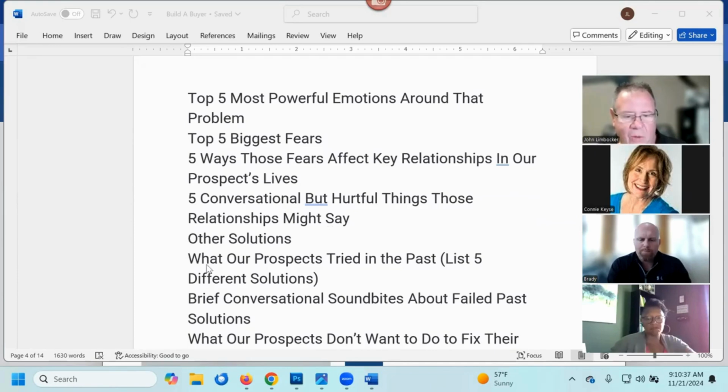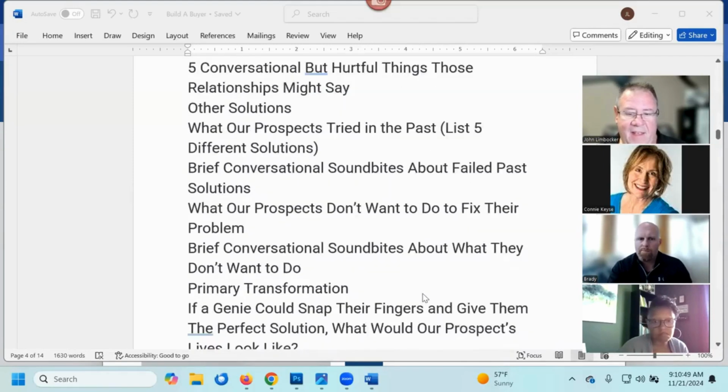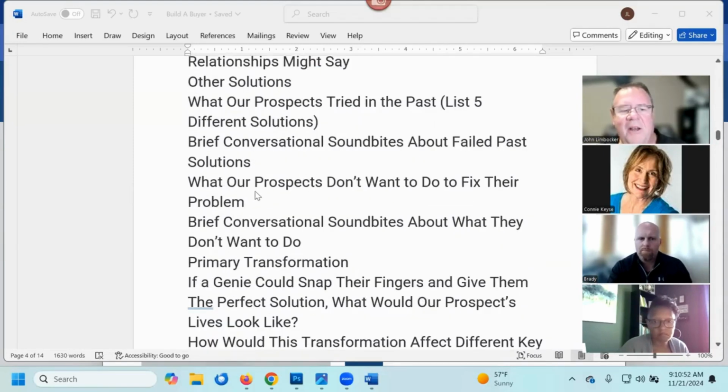All right. What our prospects have tried in the past, list 5 different solutions. Brief conversational sound bites around those past solutions that have failed. Okay, and then also, this is an interesting one. What our prospects don't want to do to fix their problem. Like, if they're overweight, they probably don't want to diet. They probably don't want to work out.